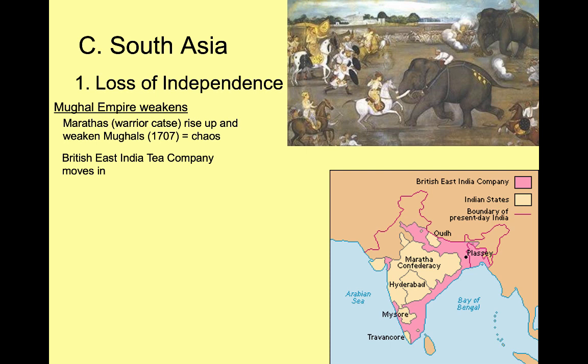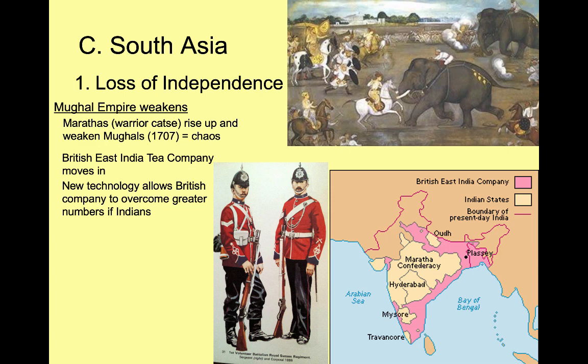And so the British East India Tea Company is going to use their own private army, every so often augmented by the British government's army, and they're going to go in and they're going to start to gobble up big internal parts of India. So they're starting to create a land empire instead of just a port empire like they had last time period.